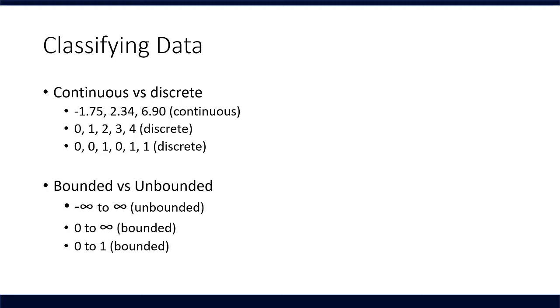Data that are between 0 and 1 are also bounded. If you're looking at proportions or percentages, which are just proportions multiplied by 100, proportions are bounded because you cannot, in most cases, have a proportion of 1 point something. It's either 0 point something up to 1.